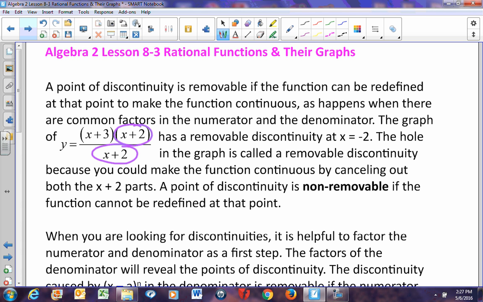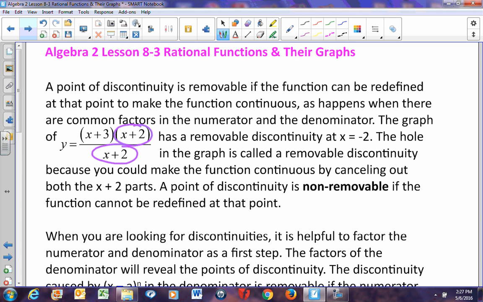So that means that this has a removable discontinuity at x equaling negative 2, because if we solve the denominator x plus 2 equals 0, x would equal negative 2. This creates what we call a hole in our graph, and it's called a removable discontinuity, because you can make the function continuous by canceling out both the x plus 2 parts.